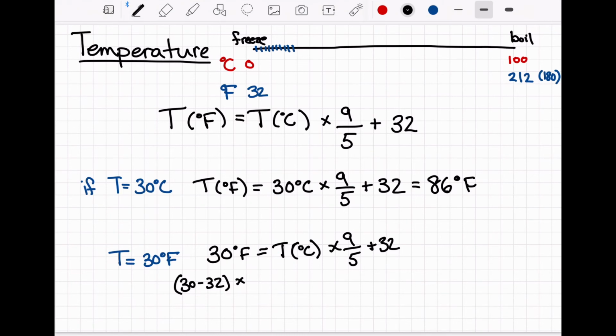Multiply by 5/9 equals the temperature in degrees C. When you compute that out, I get a negative number, negative 1.1. That makes sense, right? We know that 30 degrees Fahrenheit is just below freezing. The freezing point of water is 0, so it's going to be a negative number. You can see there's a big difference between these two scales. So know which temperature scale you are using at your winery and which one someone else is talking in when you are having a discussion.